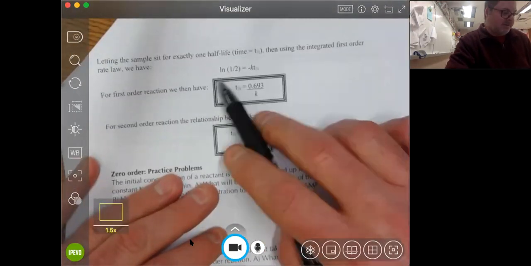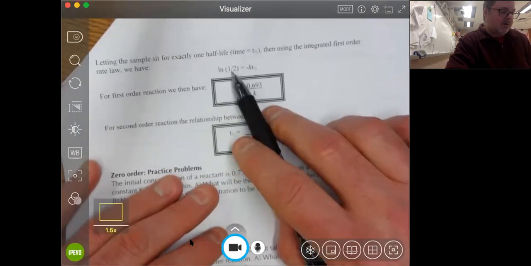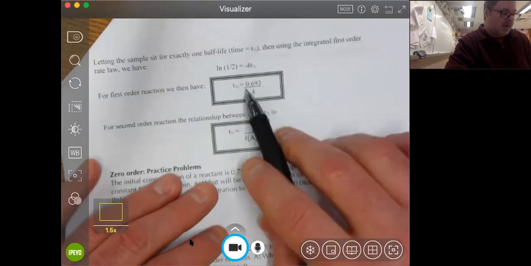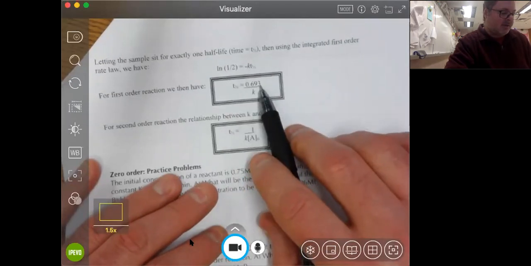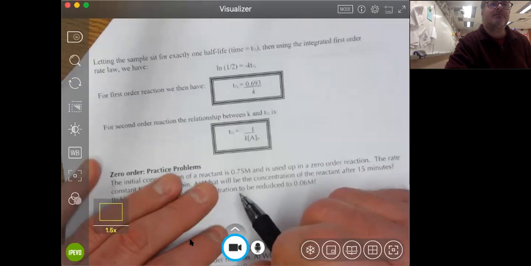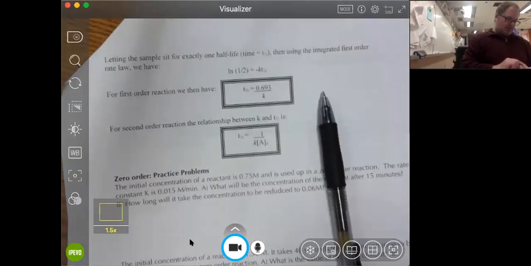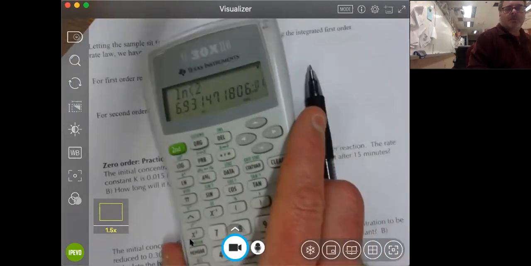And that's because you basically have this, the natural log of 1/2 equals negative K T 1/2, and 0.693 is the natural log of 2. Yeah, the natural log of 2.